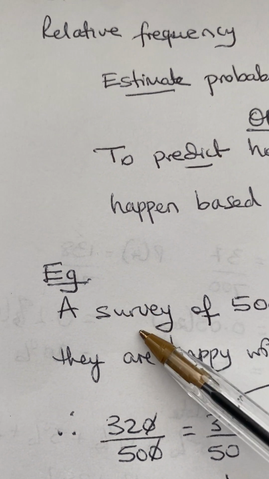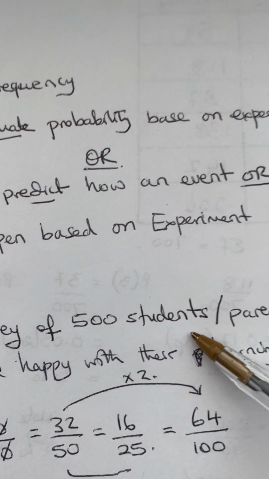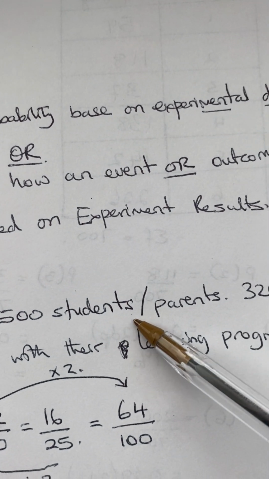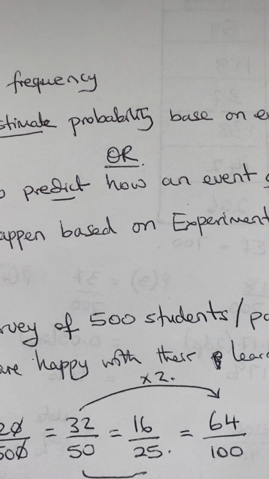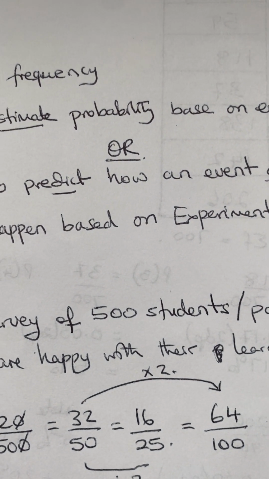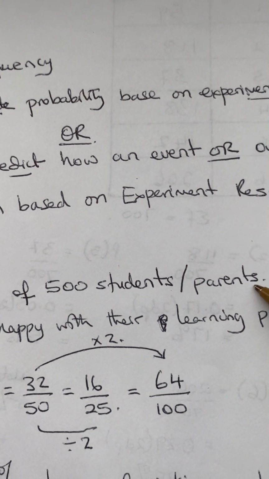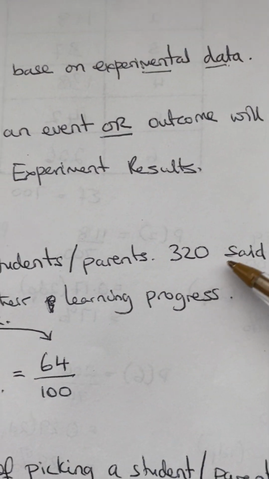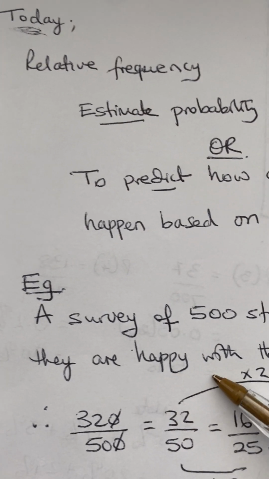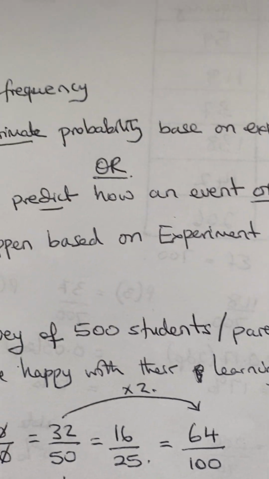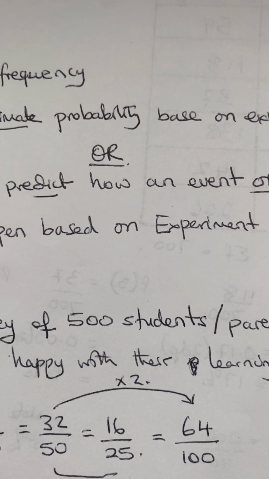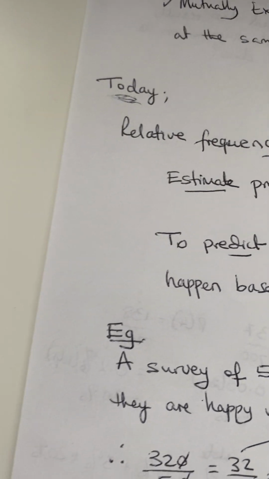Our example: a survey of 500 students and parents. So they sampled 500 students and parents. 320 said they are happy with their learning progress. So it means the others are not happy. 180 are not happy.